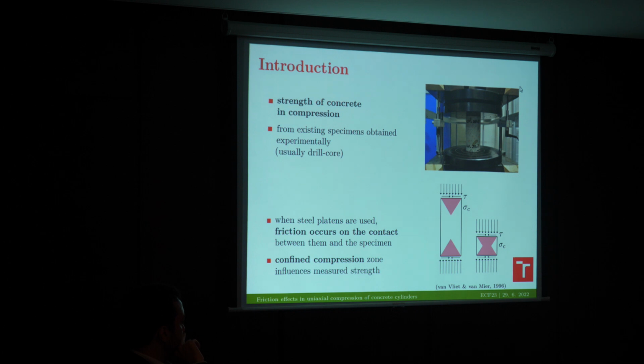On the other hand, if you take a look at the low slenderness ratio specimen on the right, you can see that the zone of confined compression takes a much larger portion of the material. And as a result, this changes the mechanism of failure, and the final force which is needed for the specimen to actually fail can be up to 2.5 times higher than for that of the first specimen.